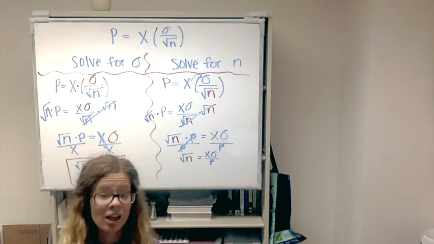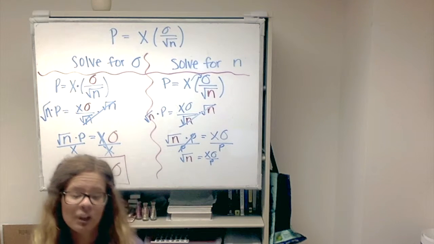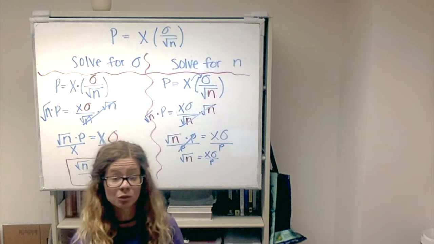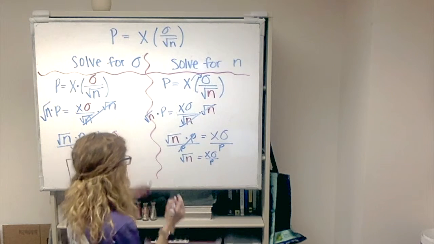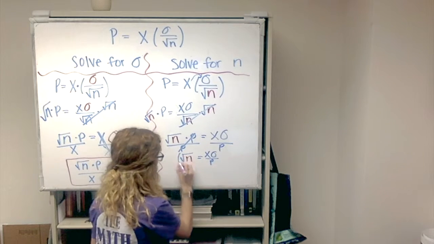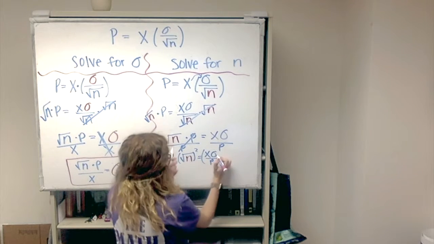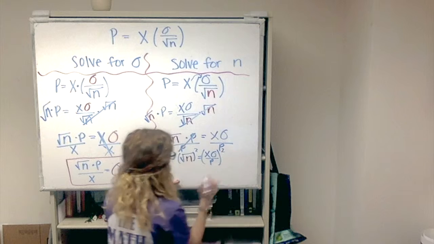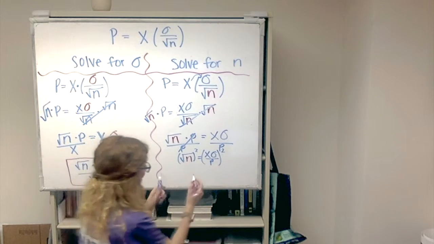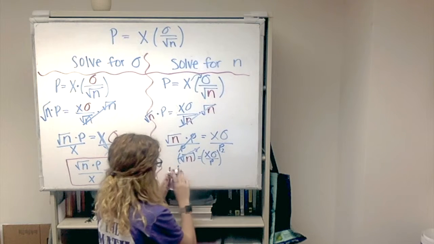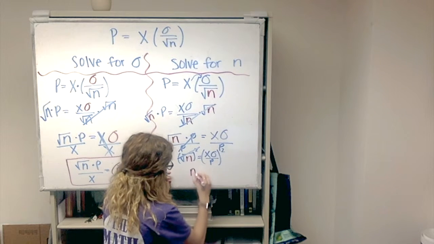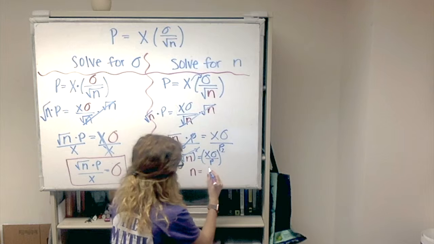Okay, that n's not by itself yet. We still have that square root, and if we wanted to get rid of that square root, the inverse of square rooting a number is to square a number. Once we square the number, we now have n equals this stuff.